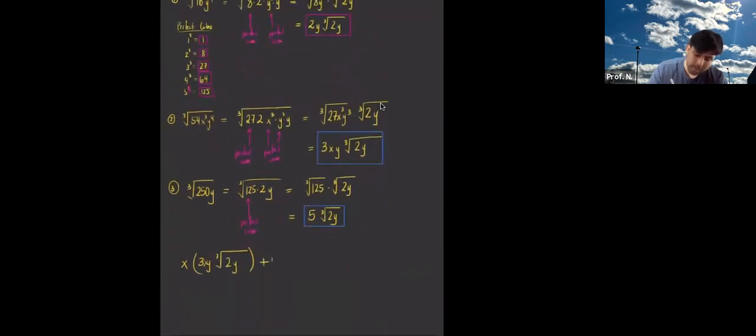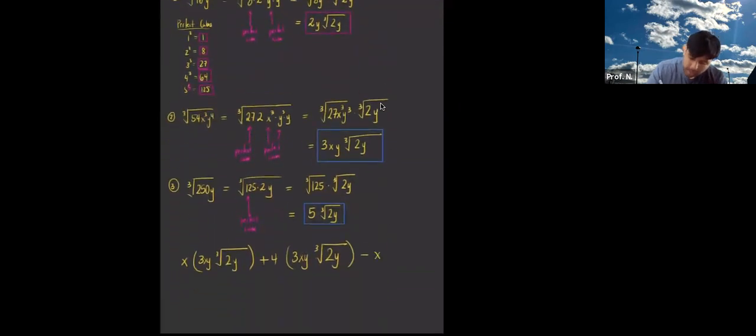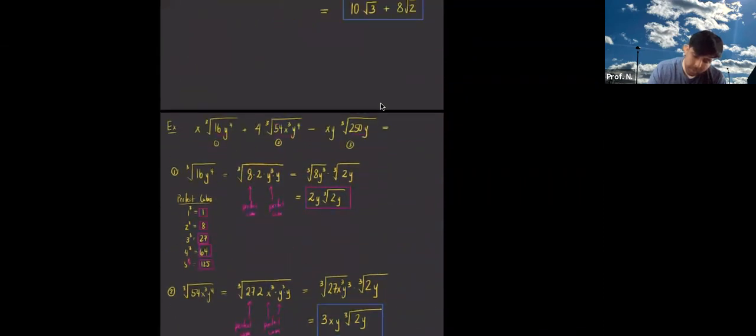Oh, plus 4, and then I do what? 3xy, the cube root of 2y minus xy, this becomes 5 cube root of 2y. Let me just see, everything is a-okay.